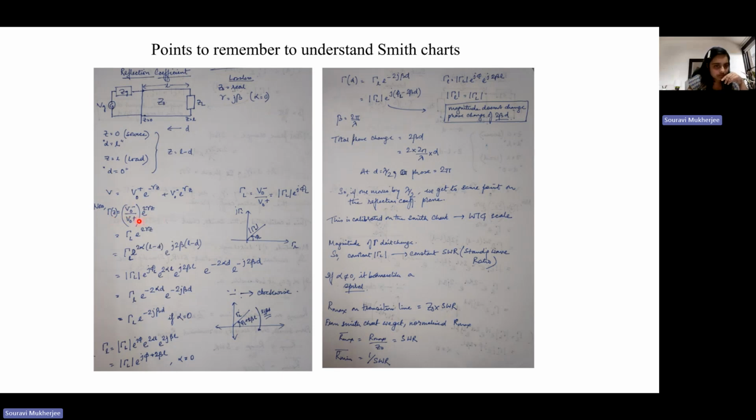Okay. So this ratio, amplitudes, you can just take gamma capital L, and then you have e to the power 2 gamma Z. Okay. So based on Z, based on where you are on the transmission line, you would have different values of the reflection coefficient. Okay.